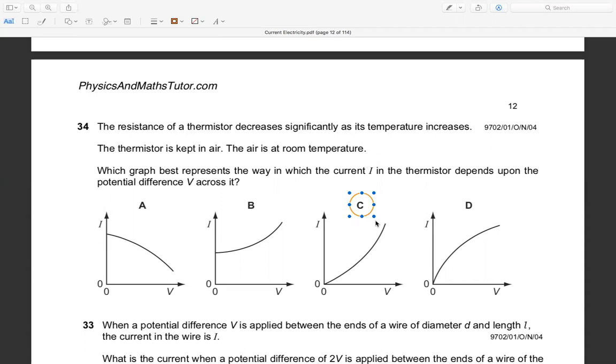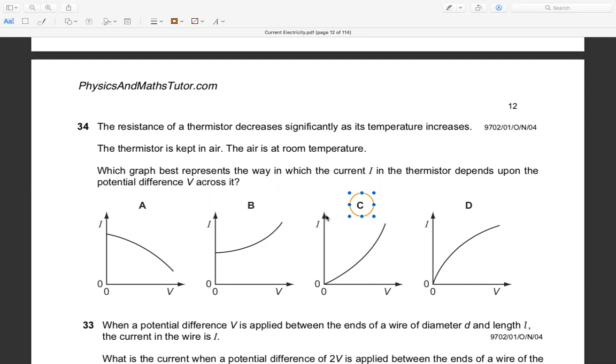Ini akan membuat V itu... ini kan gini, R itu adalah V over I. So ketika temperatur naik, resistance itu akan turun.